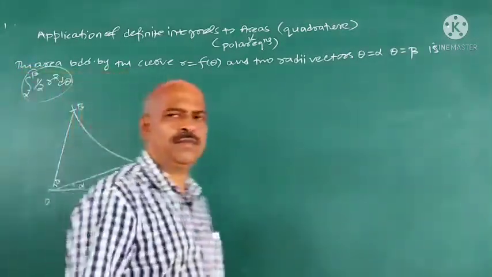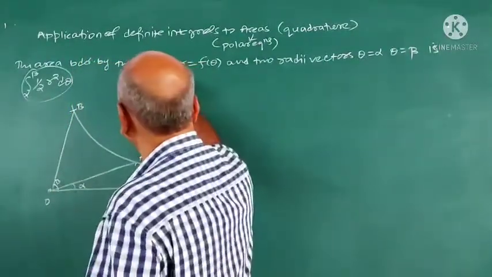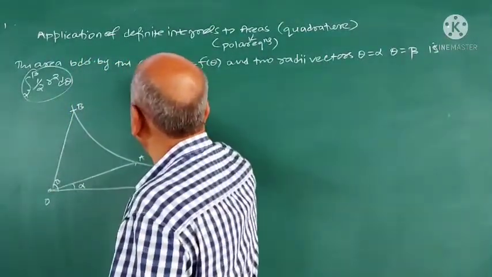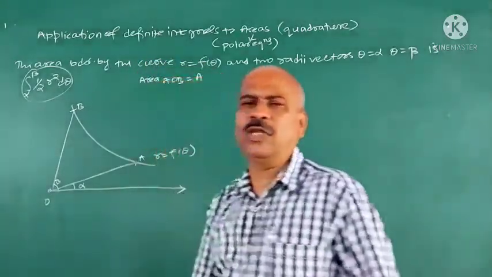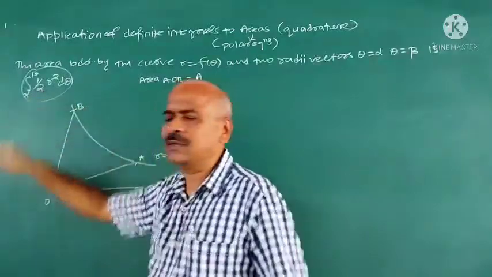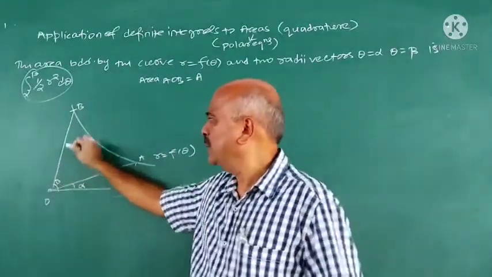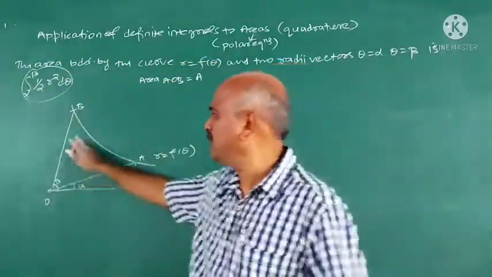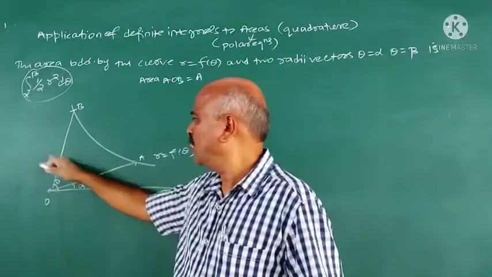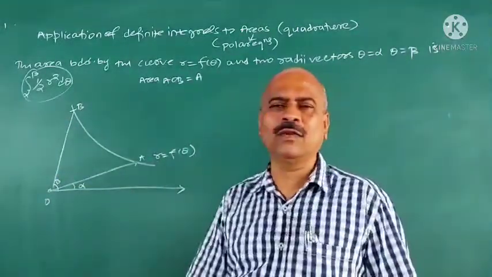Now I take this AOB and the area AOB is equal to A, supposing, and I prove that A is given by this. Vectorial angles of A and B are alpha and beta. This area will be given by integral alpha to beta half r square d theta. Equation is r is equal to f of theta.